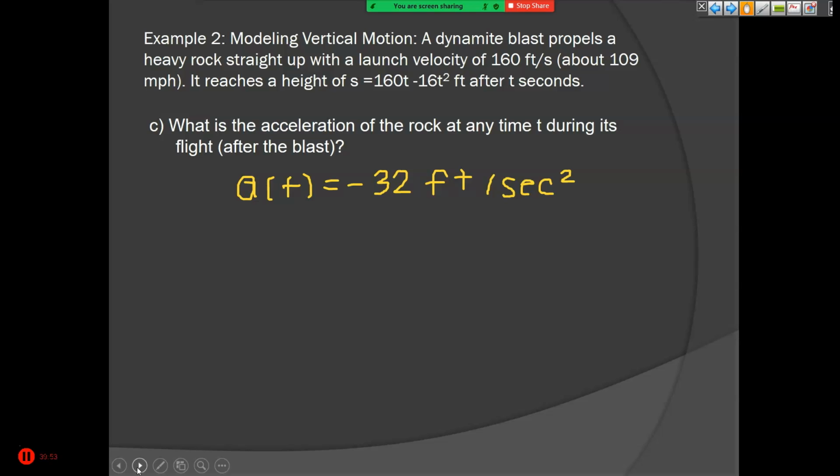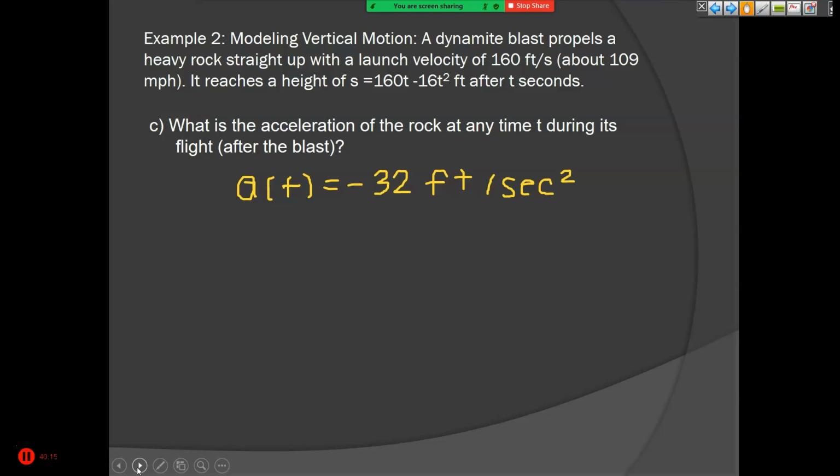So the derivative of 160 is 0. Derivative of negative 32t is negative 32. So what that means is that the acceleration is always downward.